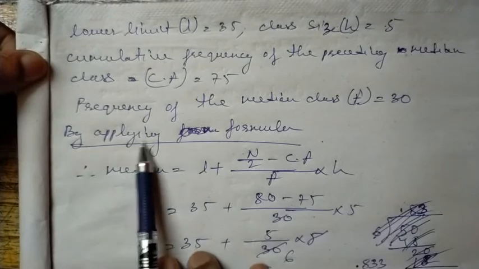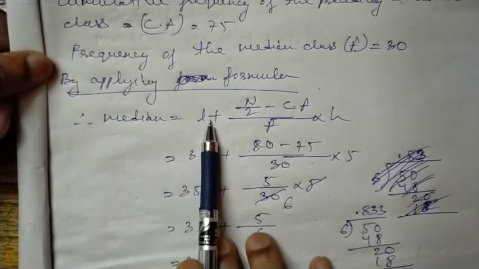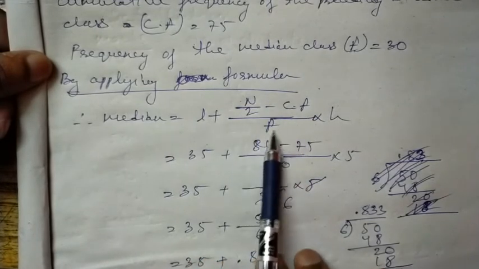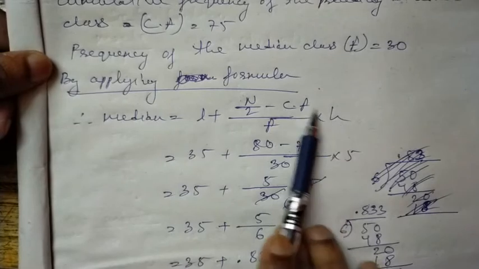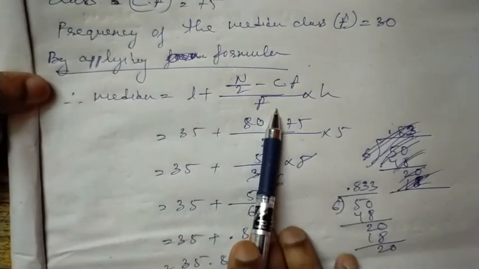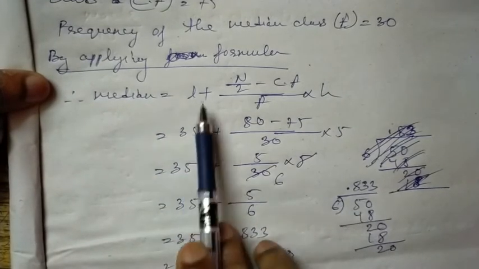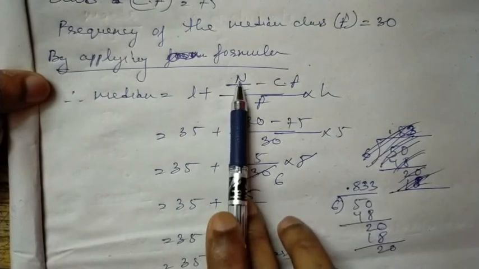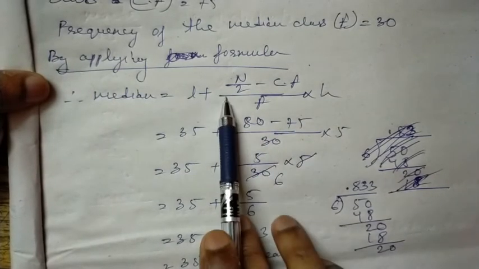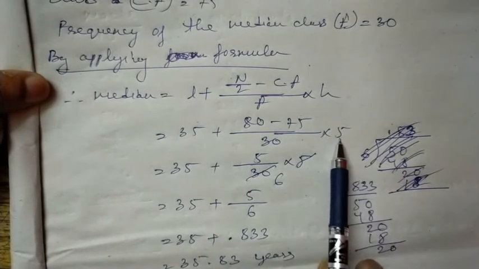By applying the formula, therefore median is equal to L plus n by 2 minus CF, divided by f, into h. This is our formula for the median. L is our 35 plus n by 2 is our 80 minus CF is our 75, divided by f, f is our 30, into h is our 5.